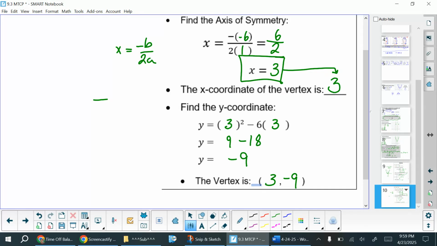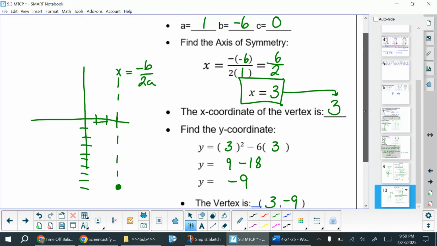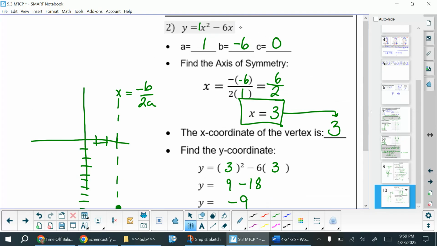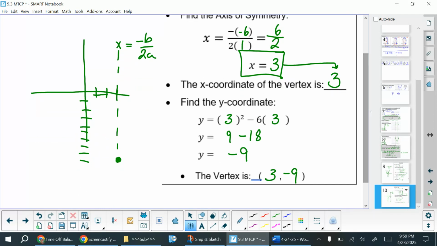At this point, again, there's no spot to graph this, but you will be doing this in your homework. I have the axis of symmetry at x equals 3, so I'll just kind of go over 3 and draw a dashed line. The vertex is down at -9. 1, 2, 3, 4, 5, 6, 7, 8, 9. So (3, -9) is right there. If I look at my equation, c was 0, so my y-intercept is actually at (0, 0).